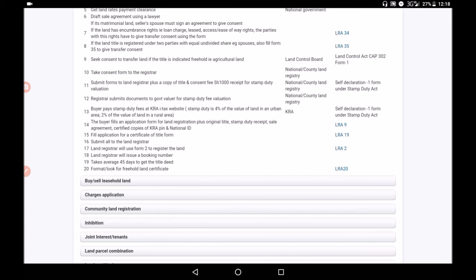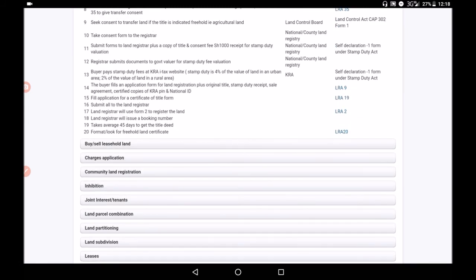Then the buyer files an application form for land registration plus the original title, stamp duty receipt, sale agreement, and certified copies of KRA PIN and national ID.